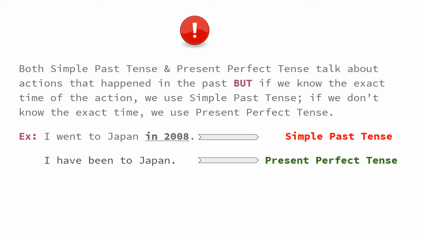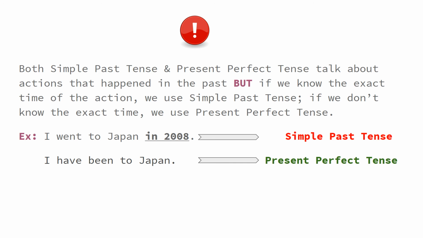For example, I went to Japan in 2008. In this sentence, the action is finished because you went there and you came back. When did you do that? In 2008. So do we know the exact time of the action? Yes, it's 2008.